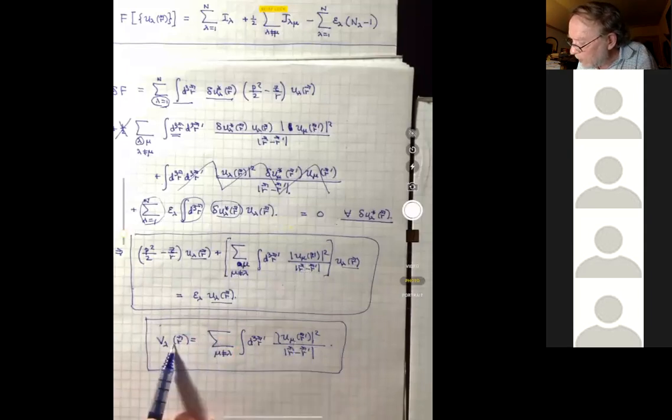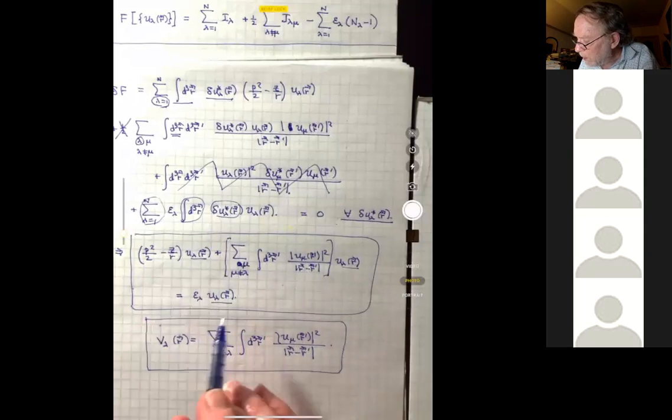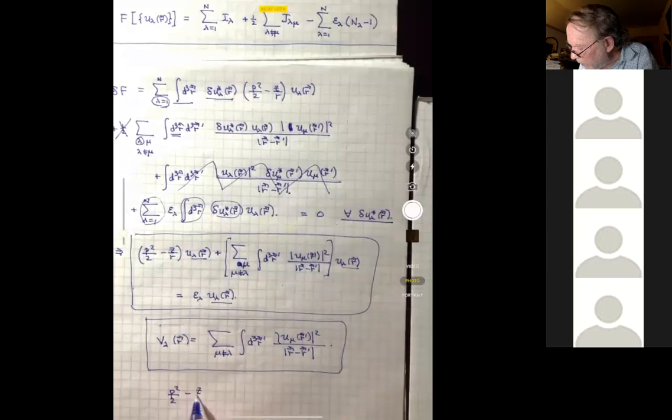But with this substitution, what you see is we have now what I call a pseudo Schrodinger equation. It's p squared over 2 minus z over r plus v lambda of r, this is really r vector now, multiplying the orbital u lambda of r, is equal to epsilon lambda times u lambda of r.